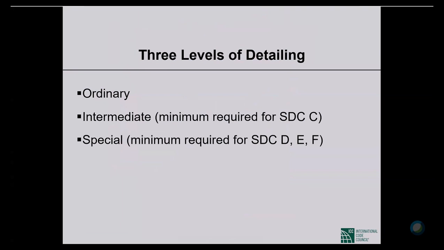Okay. Now, our codes, and BNBC is modeled after US codes. In BNBC also, we have three recognized levels of detailing: ordinary, intermediate, special. Let us forget for now about the seismic design categories. That's another discussion.